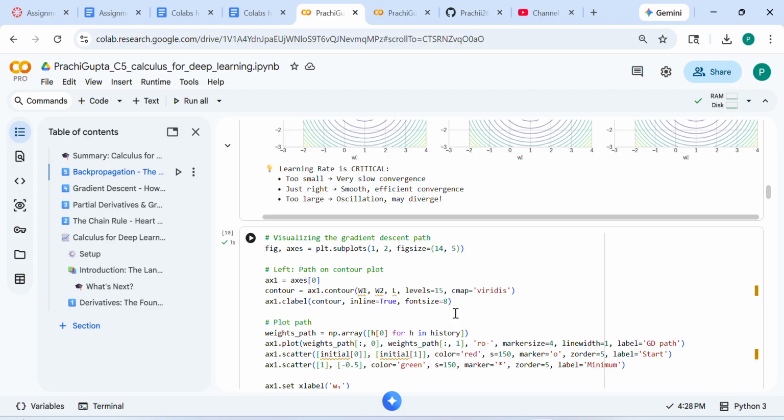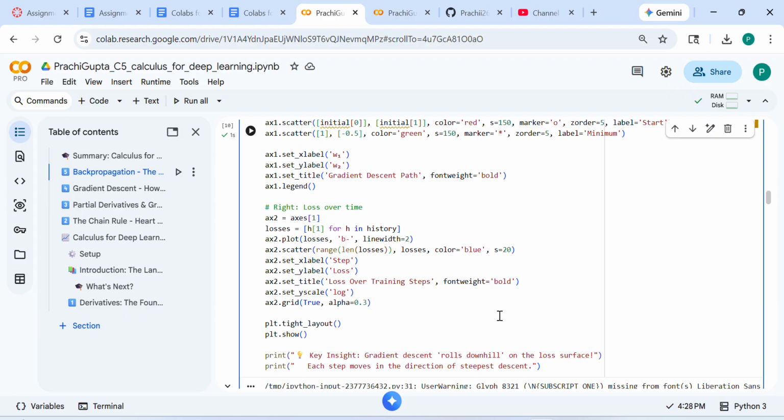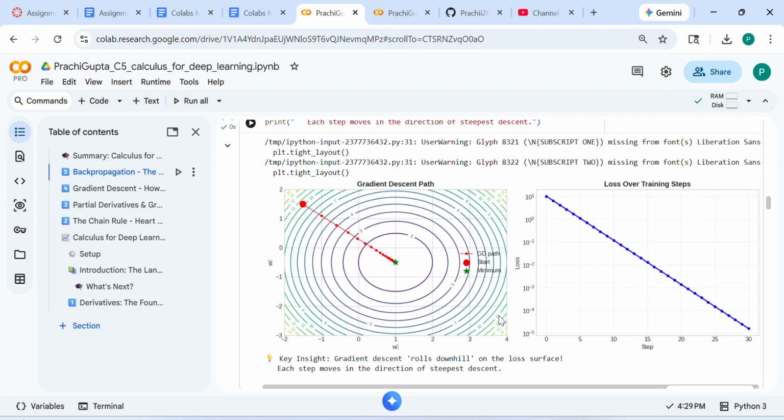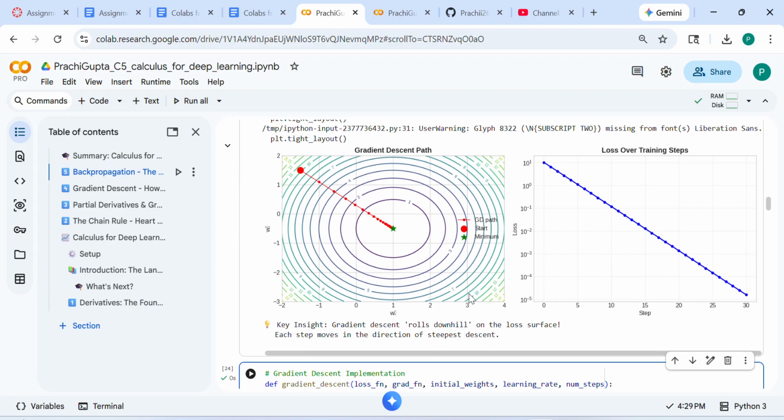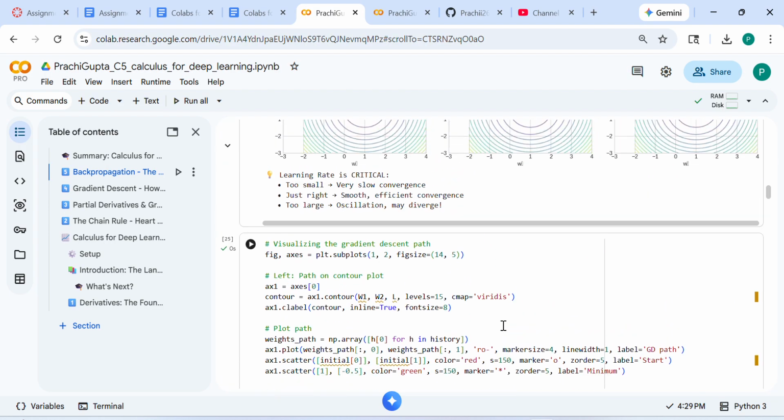It may also plot loss versus step, which helps us see if the loss decreases smoothly or oscillates. The main purpose is to confirm visually that gradient descent is actually minimizing the loss. I'll just run it to see. Gradient descent rolls down the hill on the loss surface, and each step moves in the direction of steepest descent. So this is how we can visualize it.